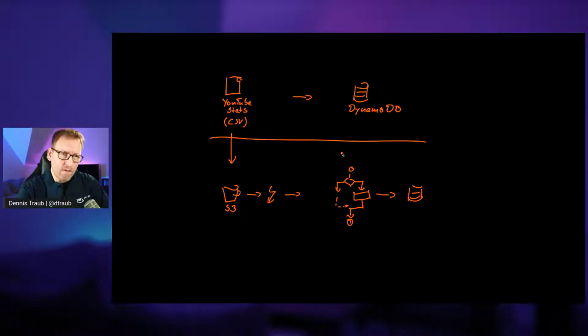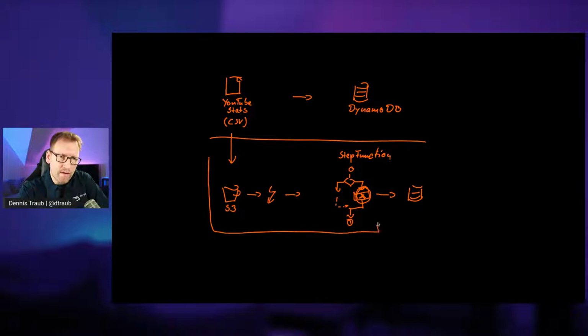And this process is a Step Functions state machine, and this might be a Lambda function down here. This could be a Lambda function that writes the data into DynamoDB. What we already did in the past few episodes is all of that.